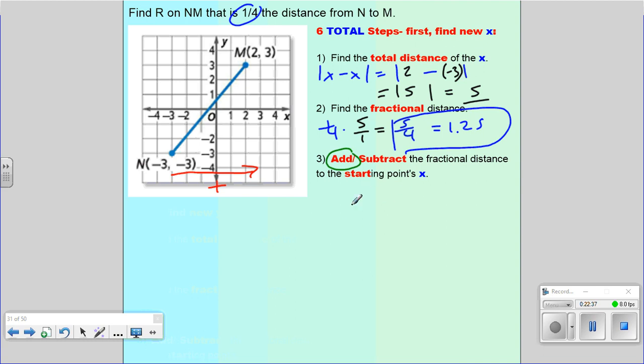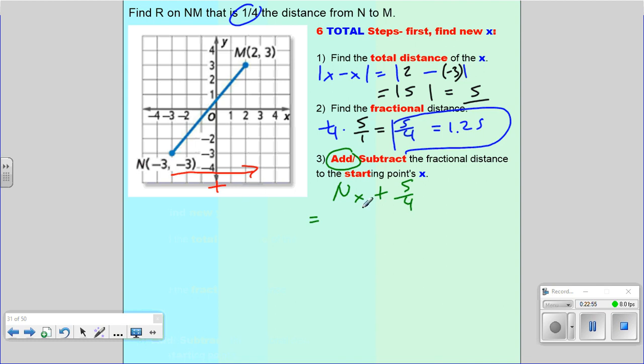So our starting x value plus the 1.25 we had before. But I'm going to keep it a fraction. I think adding with fractions is a little easier for me sideways.